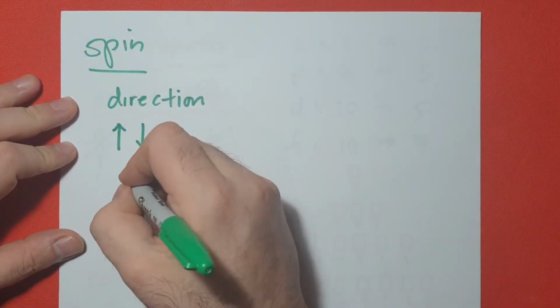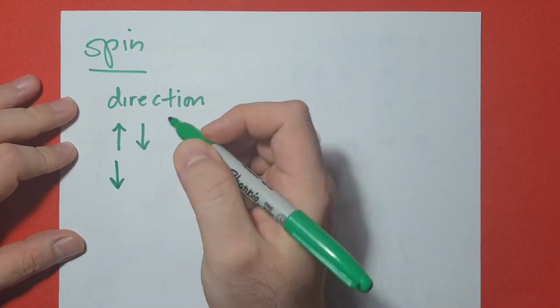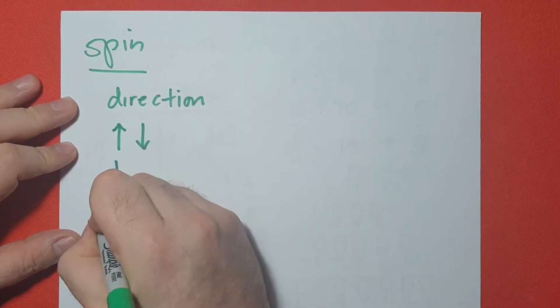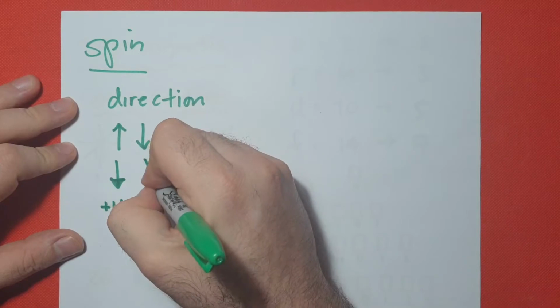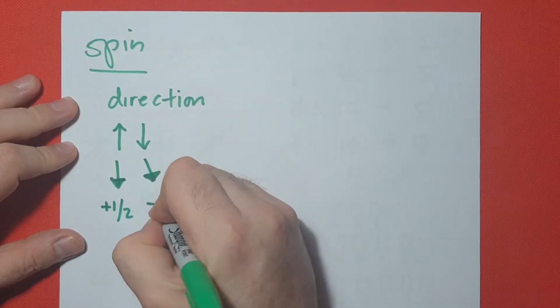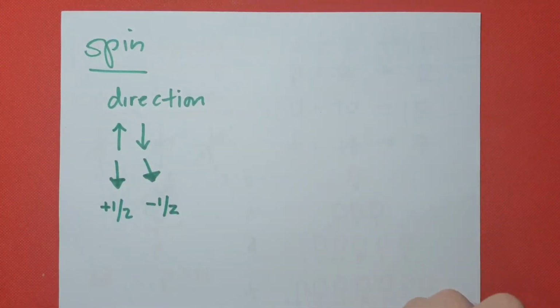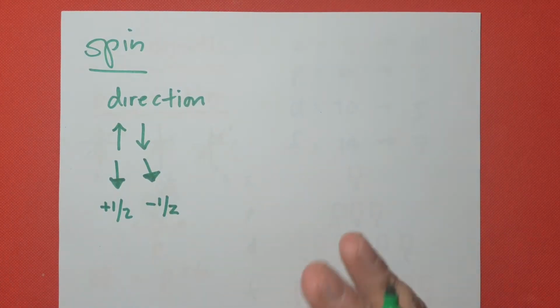And this is represented as, if it's an upspin electron, it's going to be positive 1/2. And if it's a negative spin, negative 1/2. So we're going to have very specific combinations of numbers. Some number combinations are not possible. We'll speak about that in a few moments.